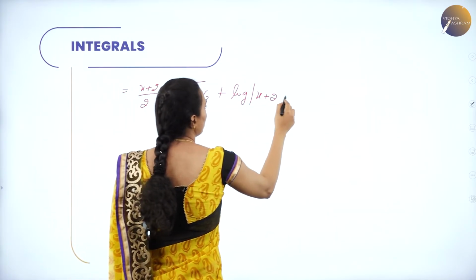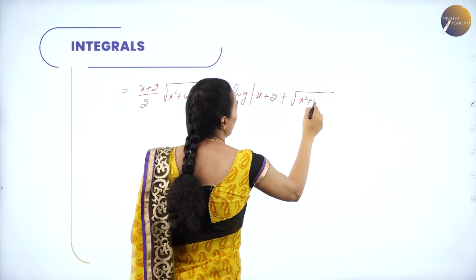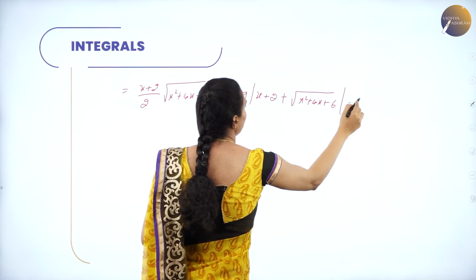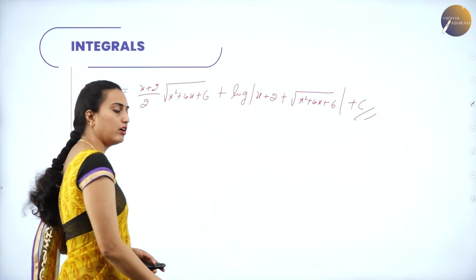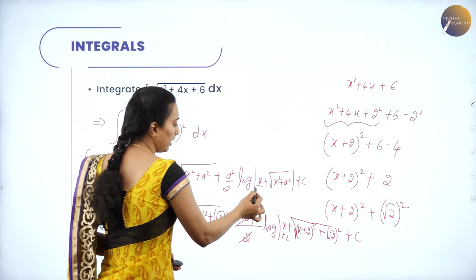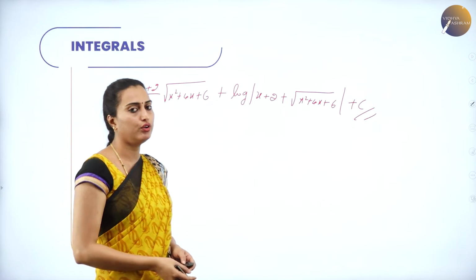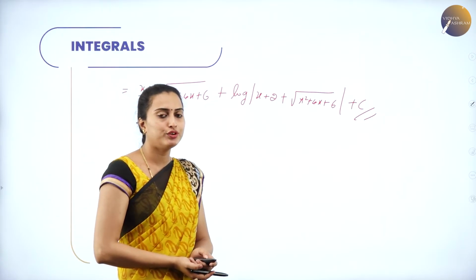So x plus 2 plus under the root of x squared plus 4x plus 6, plus c. And this is your final answer. Please make a correction that in place of x, it should be x plus 2. That's it. I hope you understood this one.